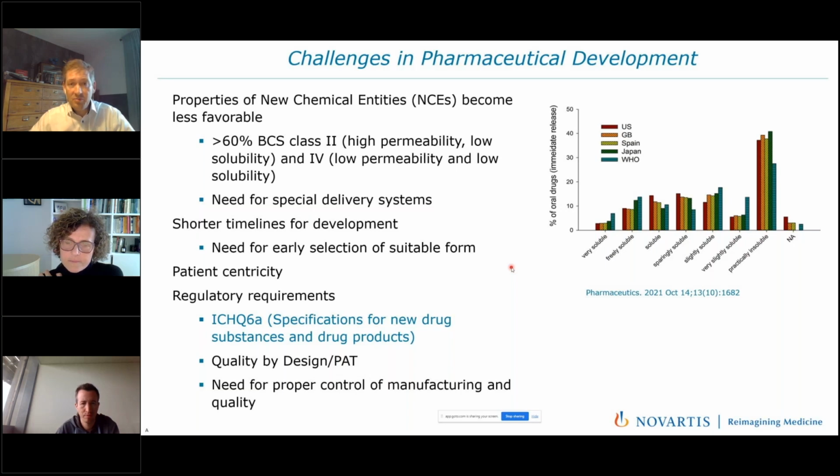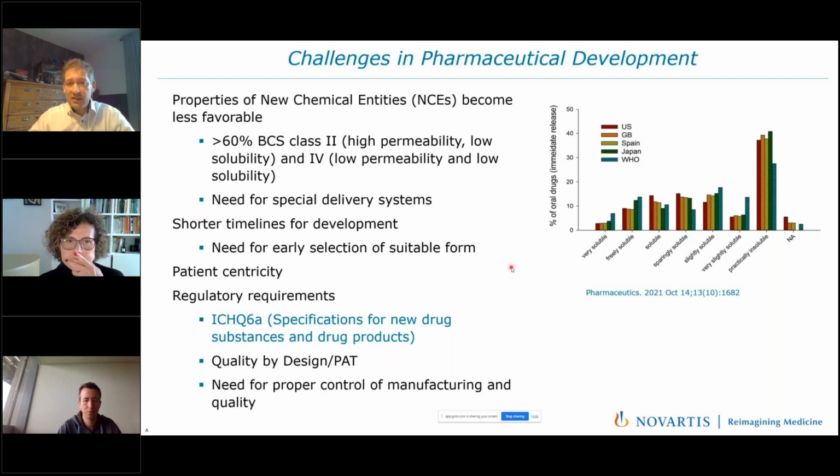To help with the dissolution of those drugs, we need to develop special delivery systems. So the idea is to trick the physical properties of the drug substance in order to make them soluble in the GI tract, the gastrointestinal tract. But certainly, it requires fixing the nature of the solid form, talking about the crystalline form itself, but also eventually the salt form, as early as possible during pharmaceutical development.